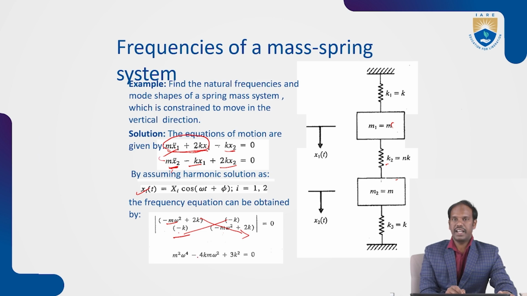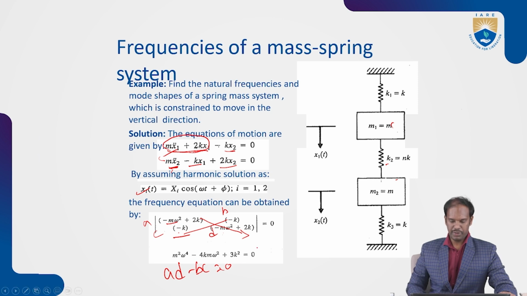Now if we multiply together, like AD minus BC, then it will be m square omega to the power 4 minus 4k m omega square plus 3k square, equal to 0. If we multiply together AD minus BC, this equation will be formed.